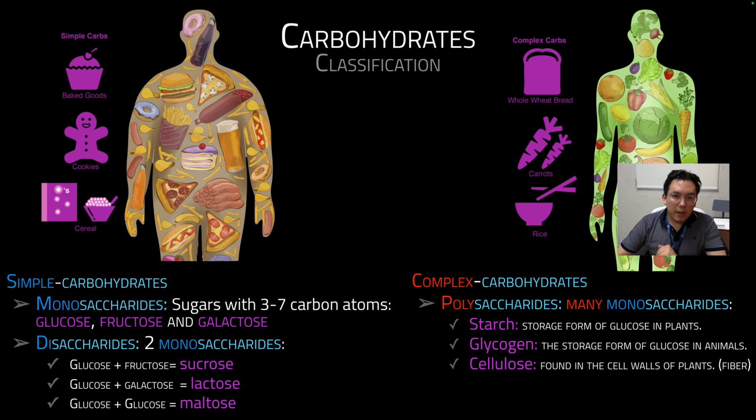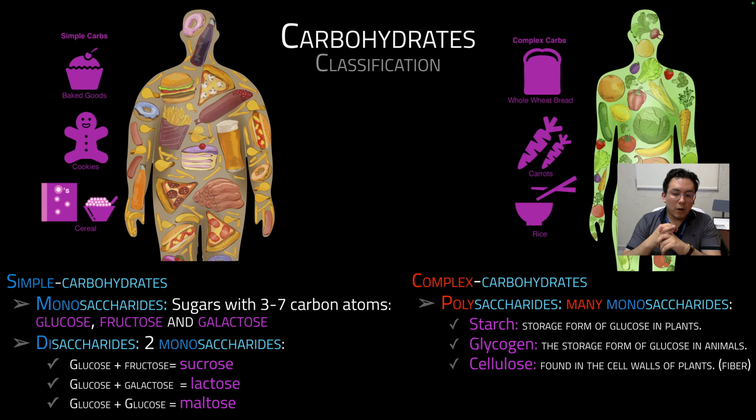Most vegetables and most fruit include complex carbohydrates within their components. And here we have three examples. Two of them are found in plants, meaning vegetables, fruits, and whole grain bread and rice, for example, which are the starch and the cellulose.